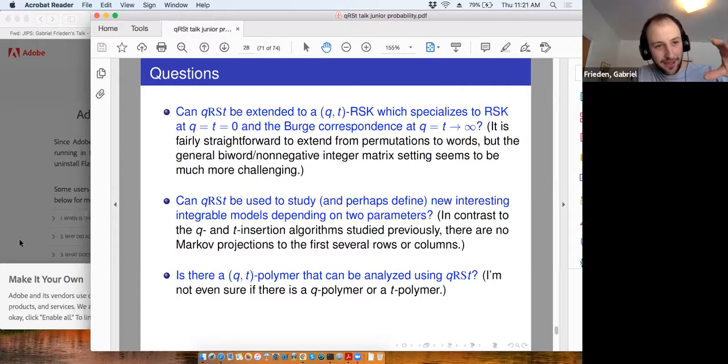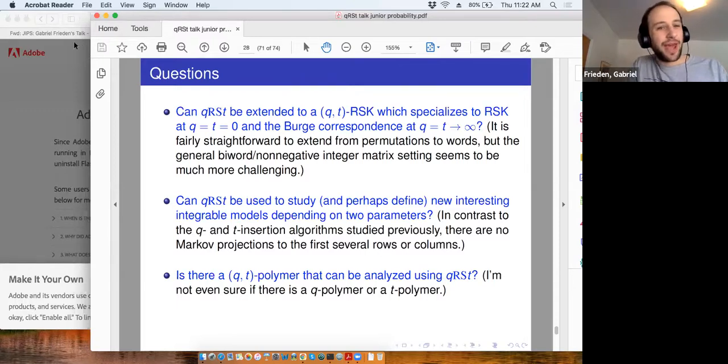In our case, you do some sort of tropical limit with the q, and then you still have a t. Do you know of anything like that? No. Simply setting q equal to 1 here, the system does not scale.